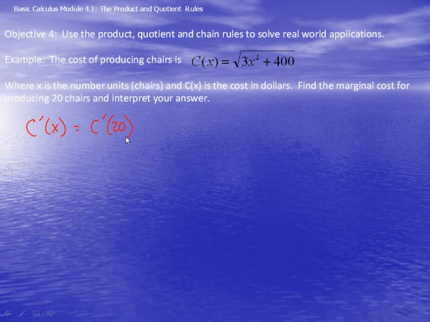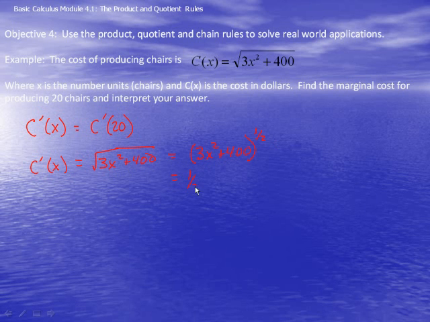Okay, so the first thing we need to do is first let's find C prime of x, or the derivative of C of x. Well, to rewrite the square root of 3x squared plus 400, we would write it as 3x squared plus 400 to the 1/2 power. So now we're able to use the chain rule.